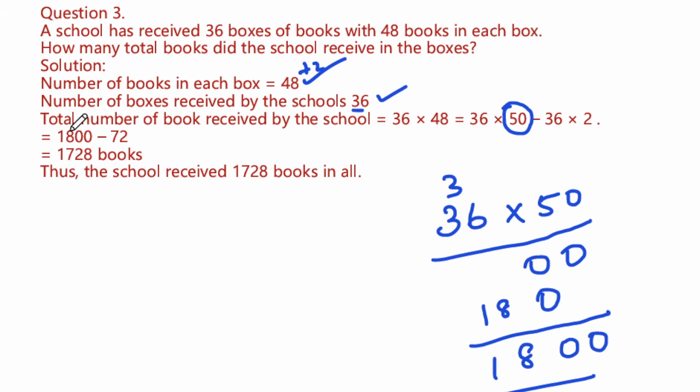Okay, so now 1800. So 1800 minus 36 into 2, which is 72. So 1800 minus 72 is 1728 books. Thus the school received 1728 books in all.